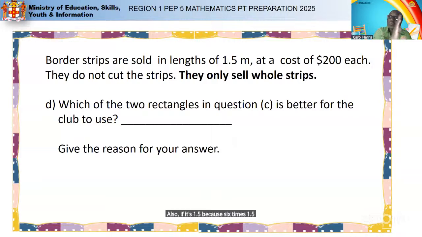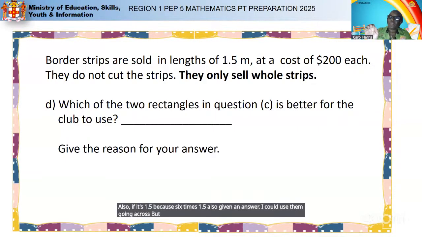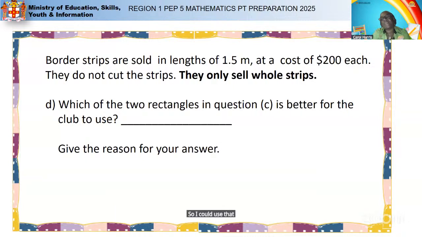So I could use them going across one, but I would have to cut off a part. It's 1.5 meter strips, so I could use it along one side. I hope we can see that.